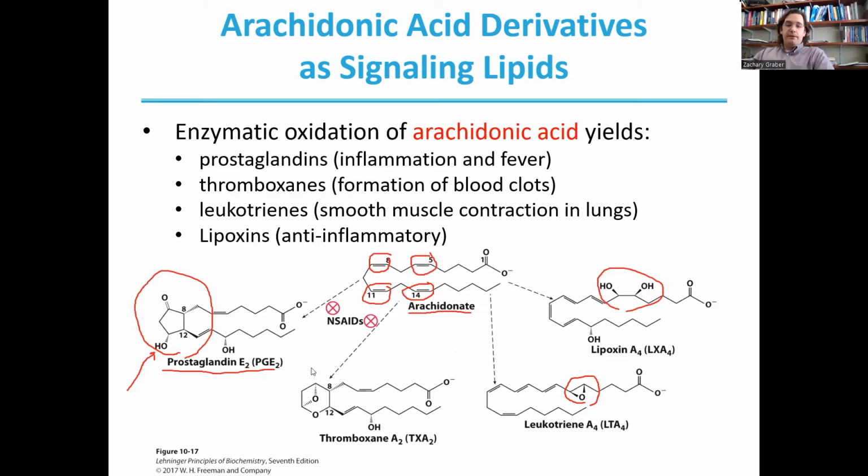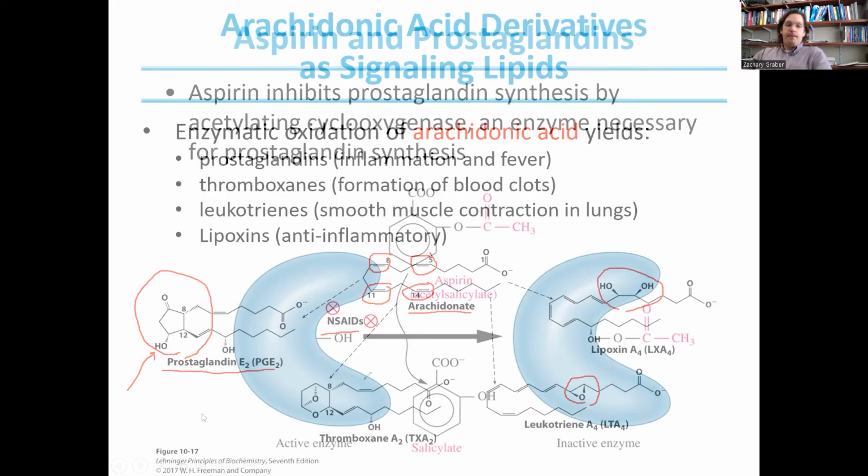The enzymatic pathways to create these various signaling lipids are often targets for various drug molecules. For example, our non-steroidal anti-inflammatory drugs will target the signaling pathway from arachidonic acid to our prostaglandins and thromboxanes in order to reduce inflammation.